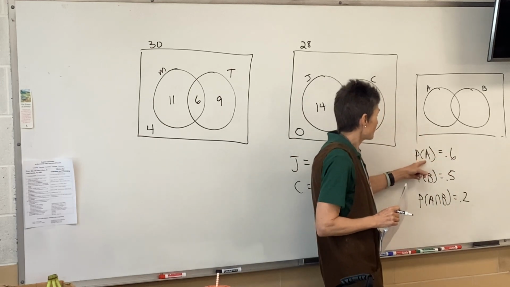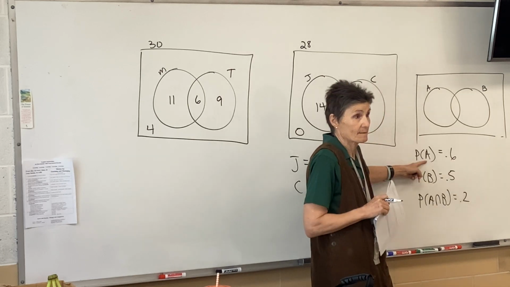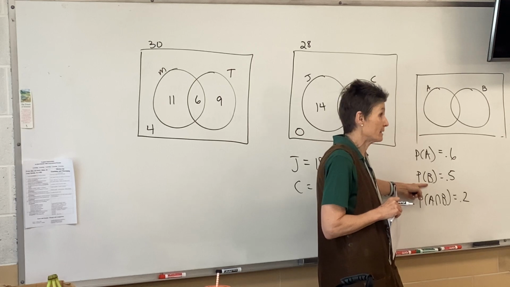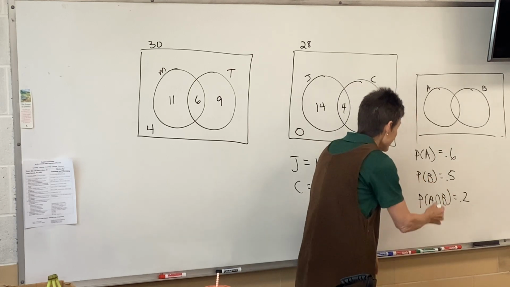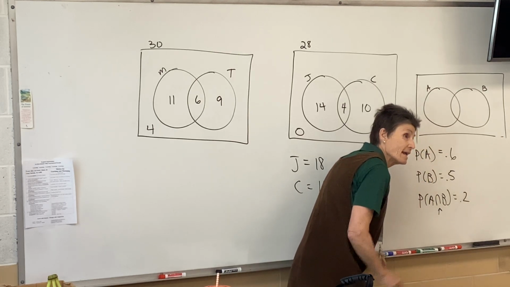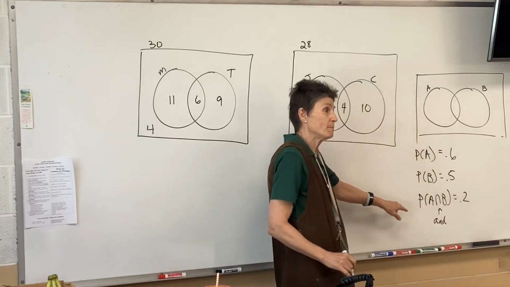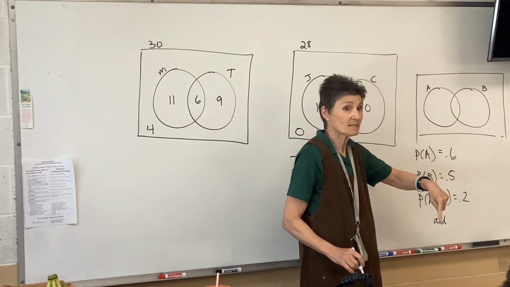This says the probability that someone will like apples is 0.6. And the probability that someone will like bananas is 0.5. This symbol, anybody remember what that symbol means? And, that's the and symbol. So this is the probability that somebody likes apples and bananas.